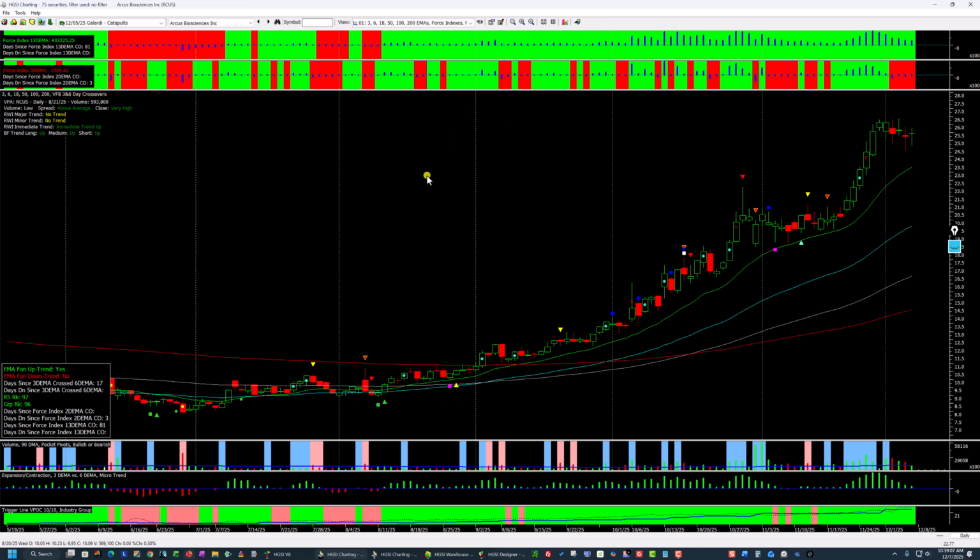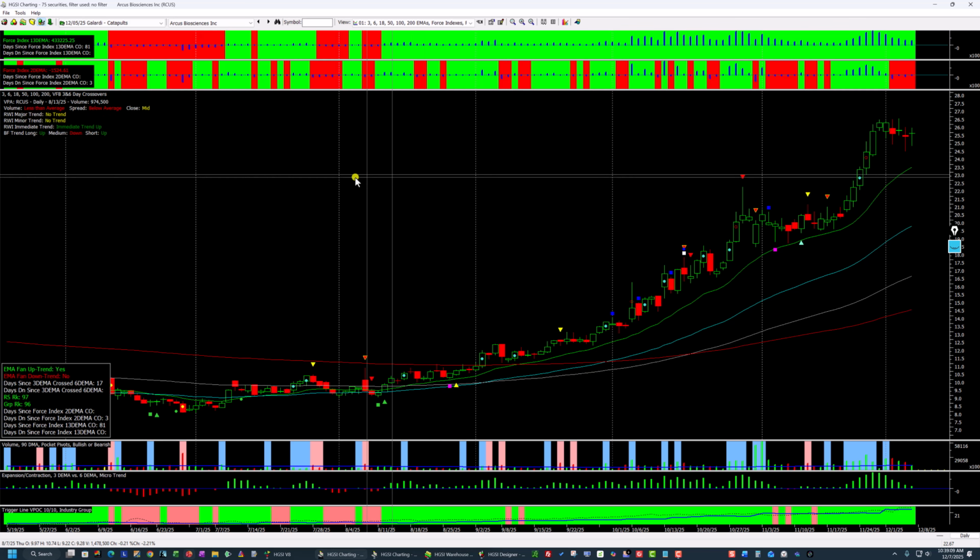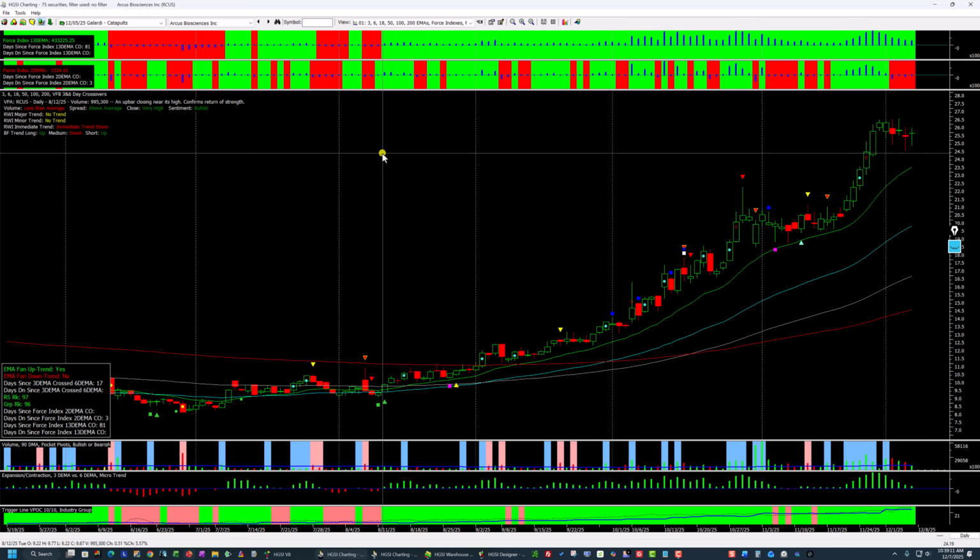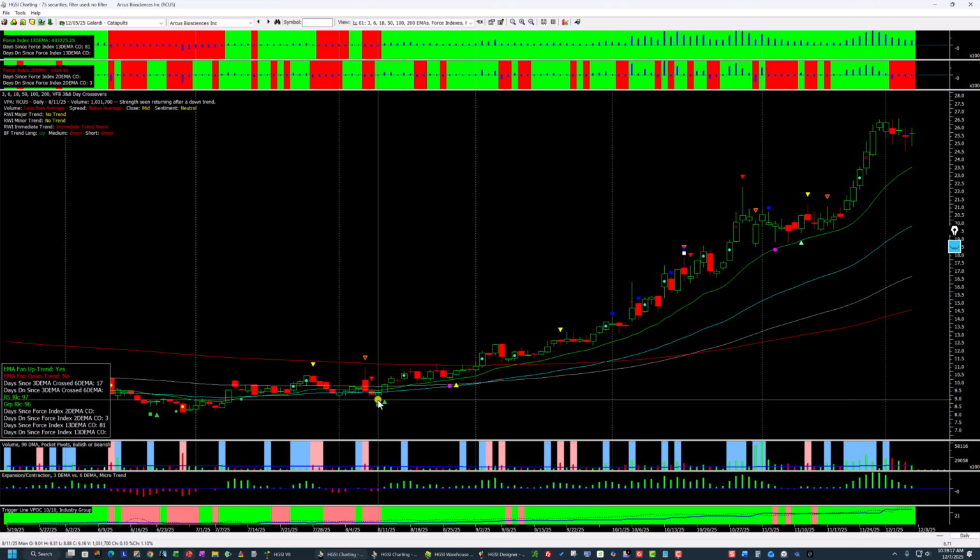So let's just go back in time on this one right here, and I'll just start right here arbitrarily. If you look down here, you can see that there is strength seen returning after a downtrend, a VPA flag, and the force 2-day turns positive, and the force 13-day turned positive right here.